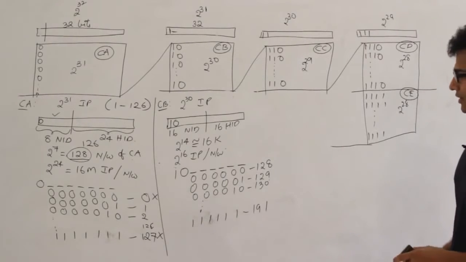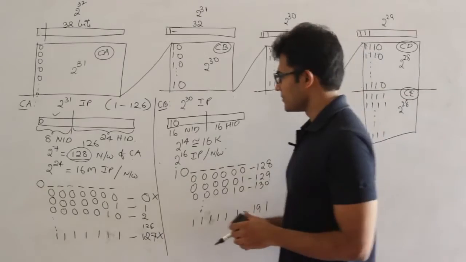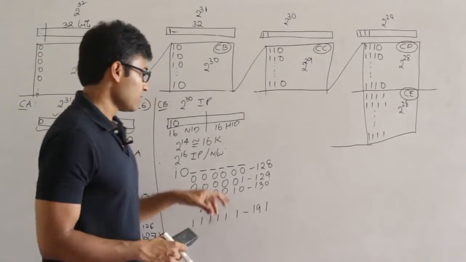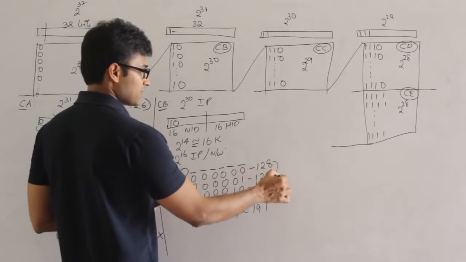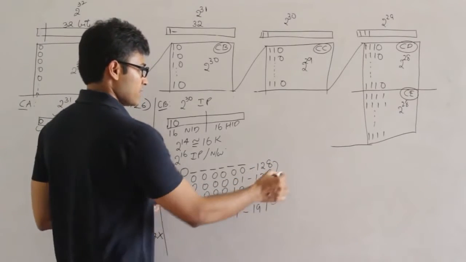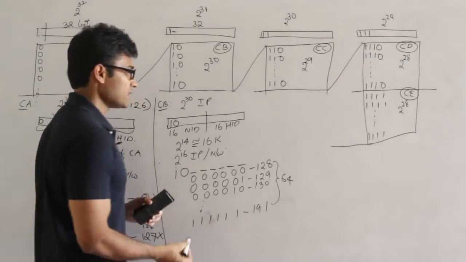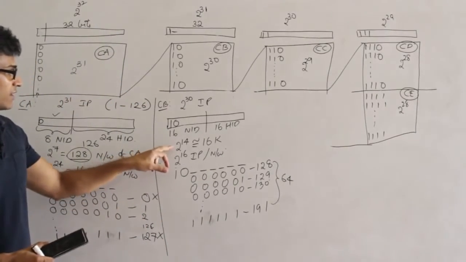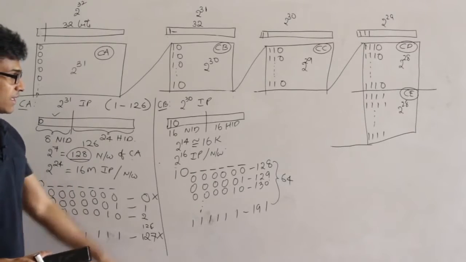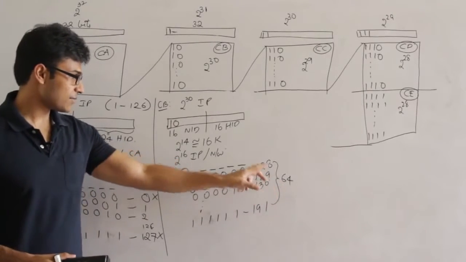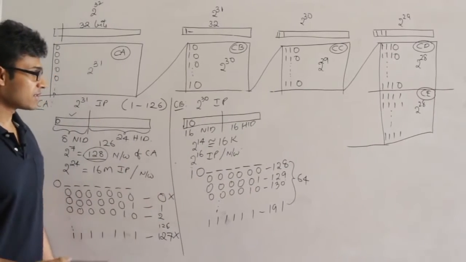Now one interesting question is, if you look at the range of class B, you might get confused. I am showing only the numbers 128 to 191, which is nothing but 64 numbers, but then I am saying that there are nearly 16,000 networks. How is it possible?